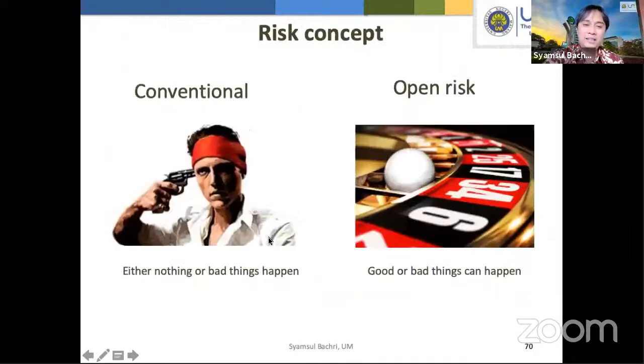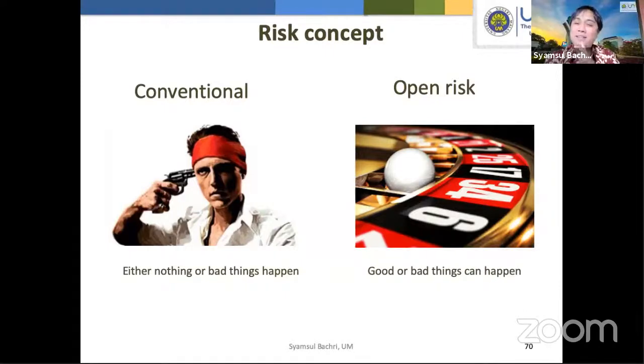as a serious threat. And I want to close my presentation today with this risk concept. If we talk about risks, the conventional perception is that either nothing or a bad thing happens. That is risk. So that's why you sometimes do not want to have a risk.